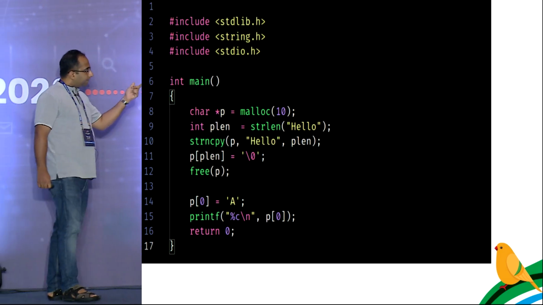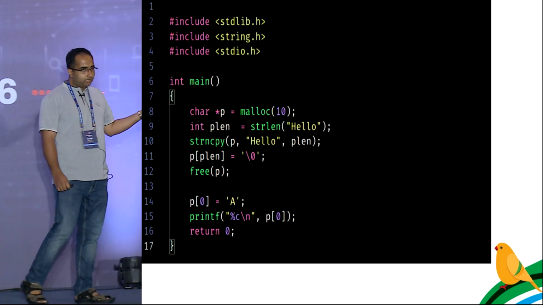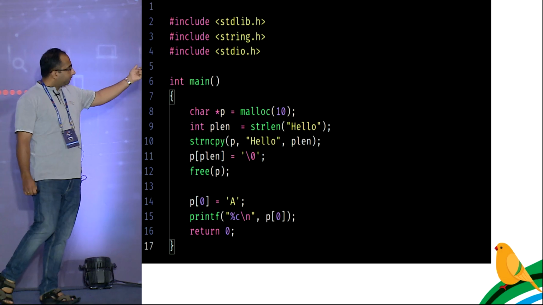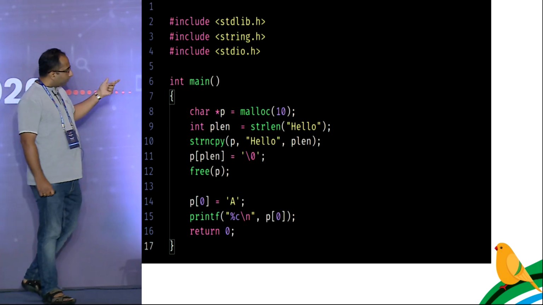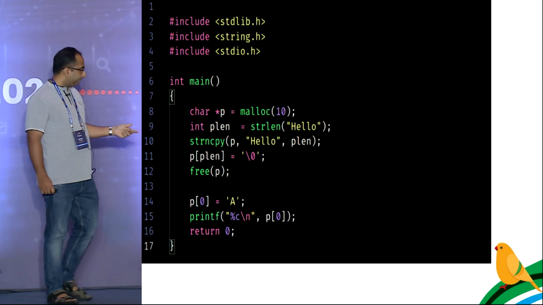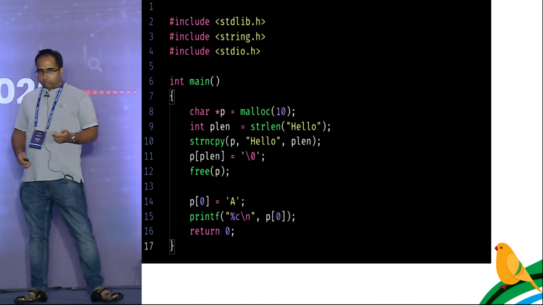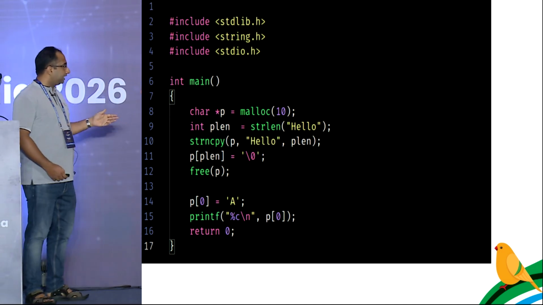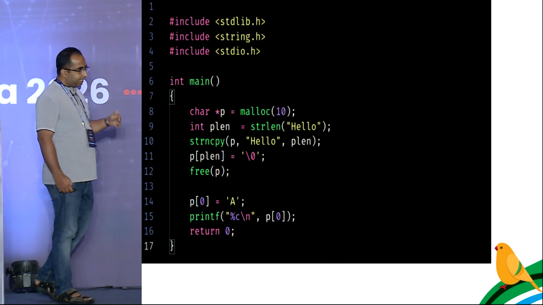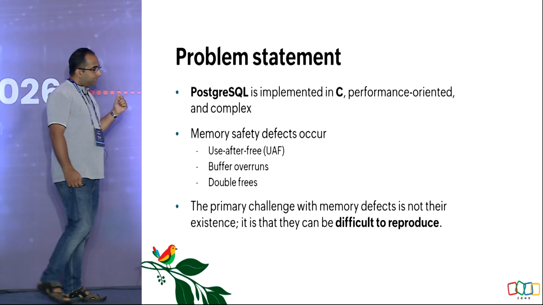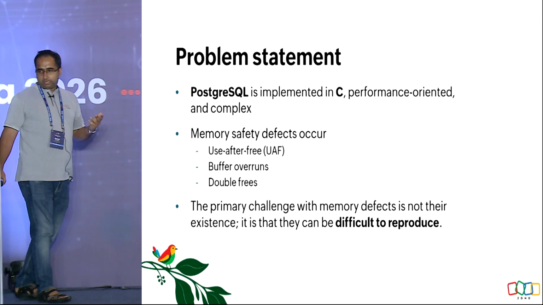So based on the implementation under malloc, this program could either crash or it could print A, right? So this kind of behavior is undefined both in C, and it is also undefined in PG, right?